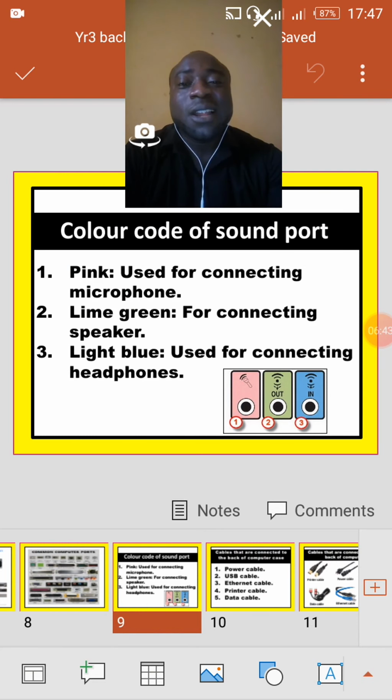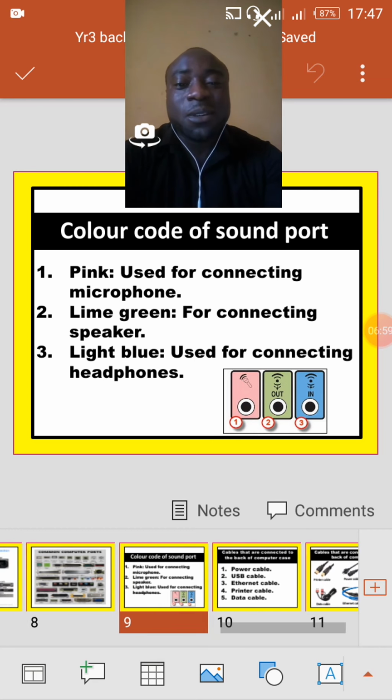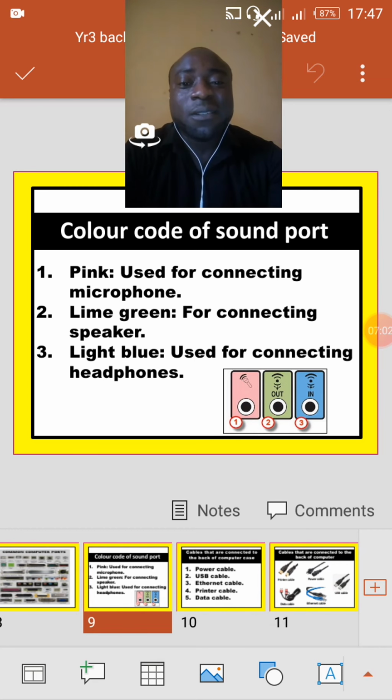Then lime green is used for connecting speaker, so we can use it to connect speaker to the system unit. Then the light blue is used for connecting headphones. It depends on what you want to connect to the system unit, but you can use any of the ports to connect what you want. That's the reason why we need to know the color code.